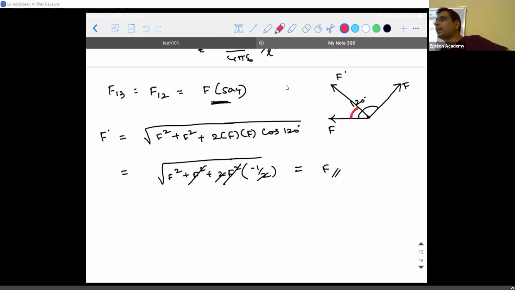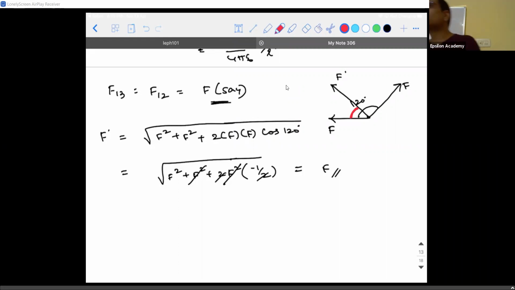So if two vectors of same magnitude are acting at a point, comma, the resultant of these two vectors will be an angular bisector. Is that clear? It is only when both the vectors are of equal magnitude.